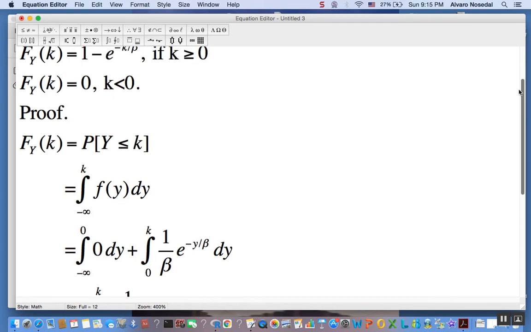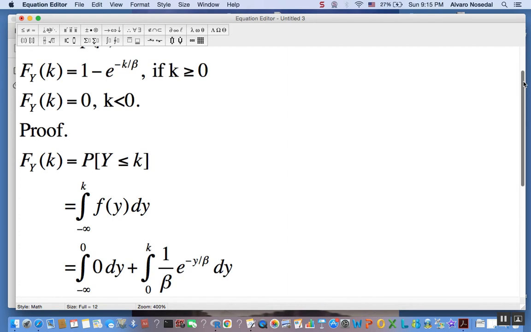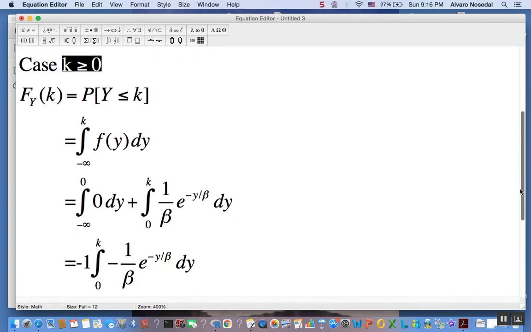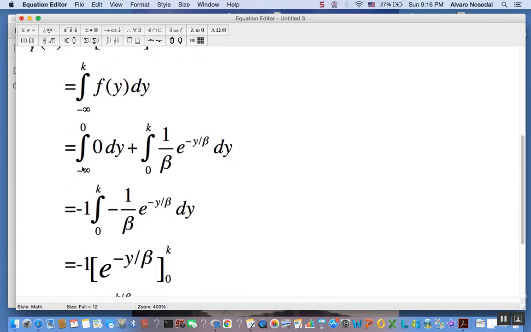Guys agree? Now note that what we did here was the case when k is greater or equal to 0, right? If k was less than 0, the only part that you would have would be the first integral.